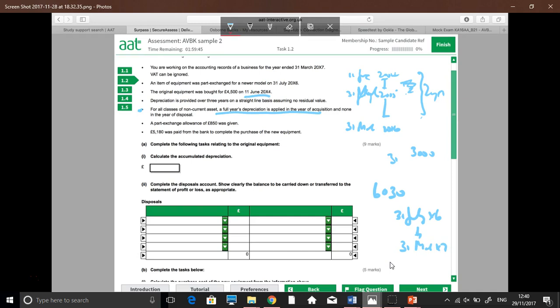I'm not sure what your depreciation charge is, so I will assume that it is the same rate of 3 years as well. 6,030 looks like a nice number. So you will depreciate a full charge in that year.